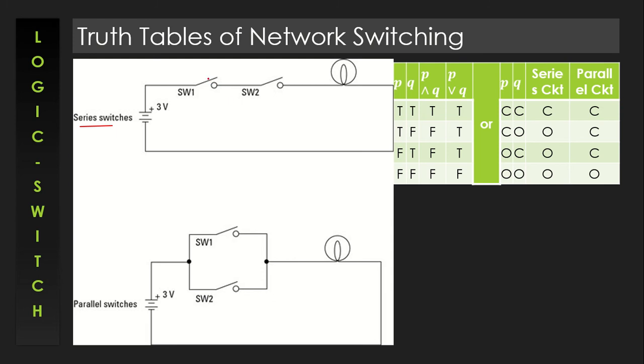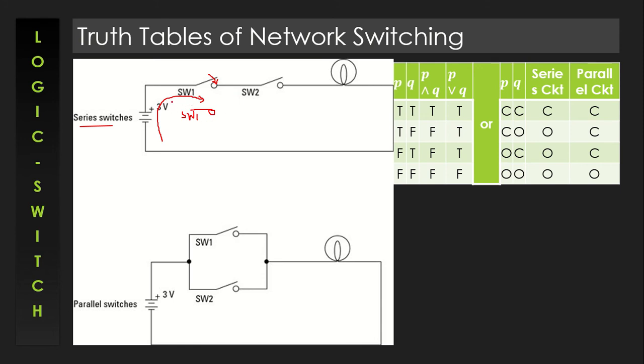For example, the symbol for a closed switch is this one. Say this is switch 1. When switch 1 is closed, if this is the flow of the current, we'll just say this is the flow. Ideally it's in the negative direction, but we'll just use this one.